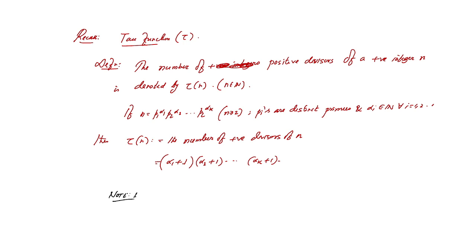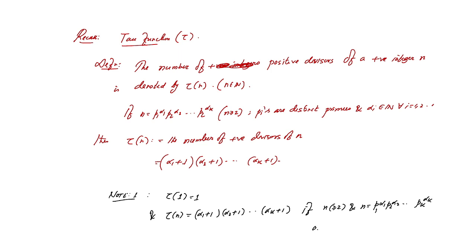Note 1: tau of 1 equals 1, and tau of n equals alpha 1 plus 1, alpha 2 plus 1, up to alpha k plus 1 if n is greater than or equal to 2 and the canonical representation of n is p1 to the power alpha 1, p2 to the power alpha 2, up to pk to the power alpha k, where all alpha i are positive integers and the pi's are distinct primes. Distinct primes means GCD of them is 1, they are prime to each other.